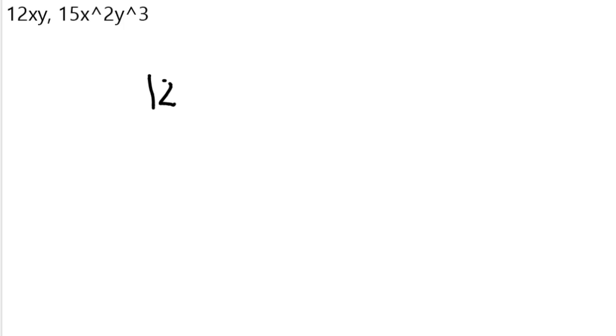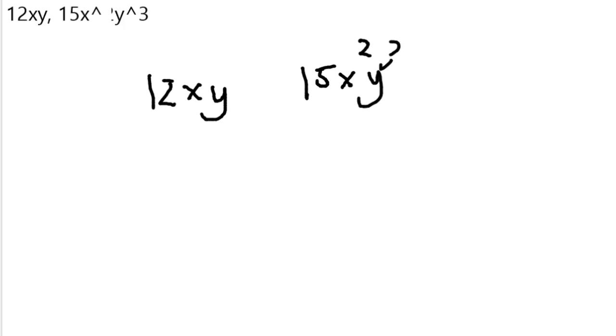Now let's try 12xy and 15x squared y cubed. How do we find the greatest common factor if we do have variables?